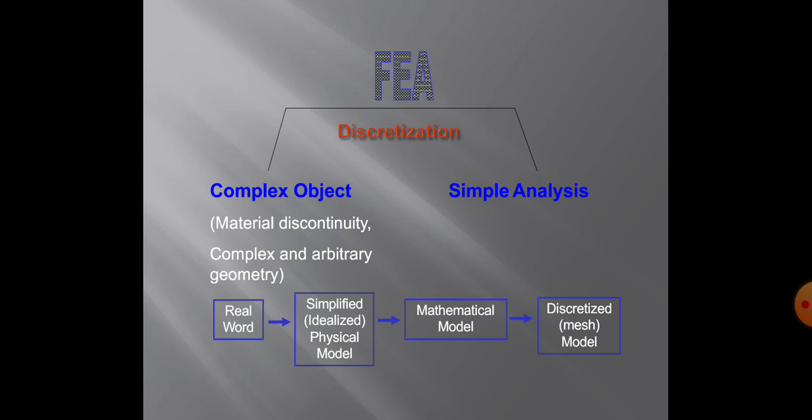And for discretization of a complex object, these are the four steps: first is the real world, then the simplified or identified physical model, then the mathematical model, and next is discretization or meshing the model.